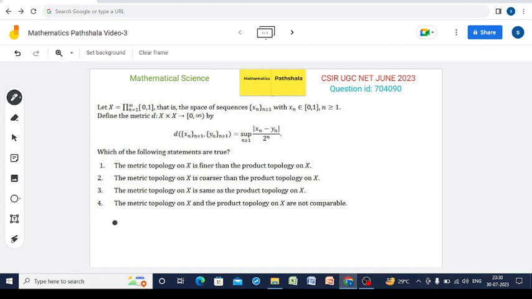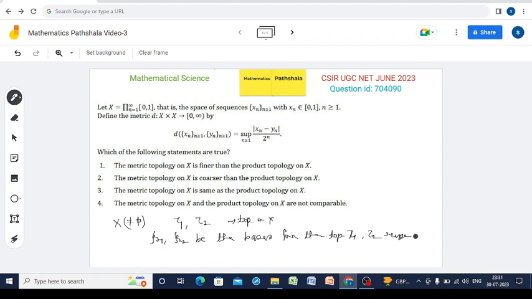Suppose X is a non-empty set and tau 1, tau 2 are two topologies on X, and script B1 and script B2 are the bases for the topologies tau 1 and tau 2 respectively. That means B1 generates tau 1 and B2 generates tau 2.